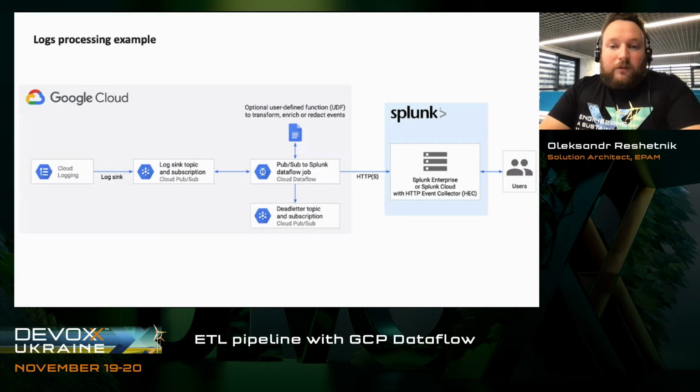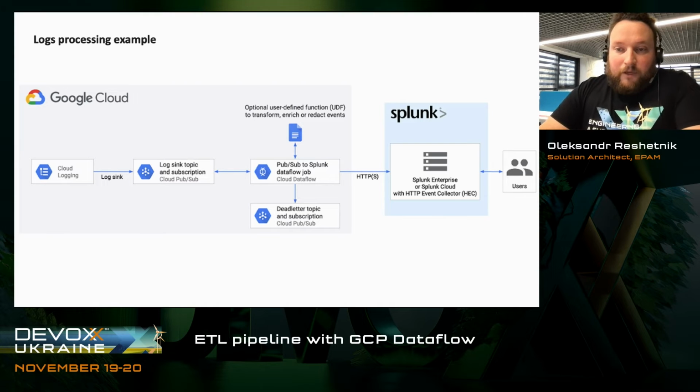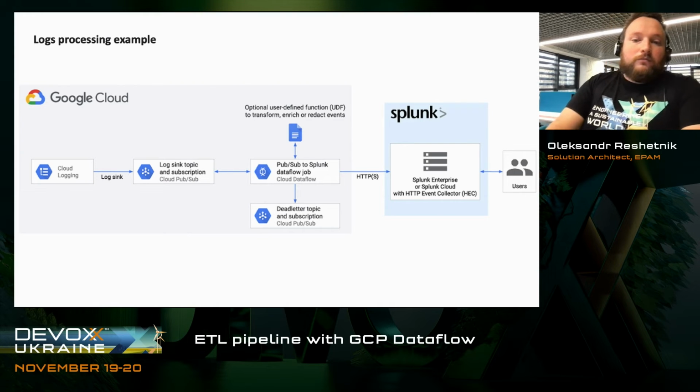Let's review an example. This is a common task, a pipeline for processing logs to Splunk. You can create it on ready templates without writing any code. In this solution, we have just a PubSub to Splunk template that takes logs from PubSub and sends them to Splunk.